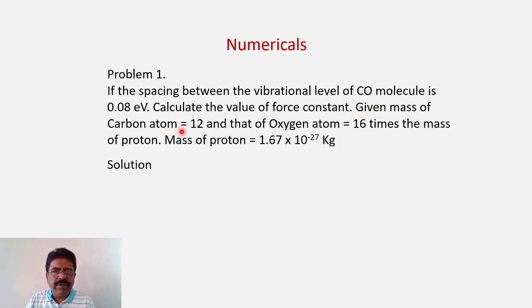Given the mass of the carbon atom is 12 and that of the oxygen atom is 16 times the mass of a proton, and the mass of a proton is 1.67 × 10^-27 kg. Okay, so what is given to us?